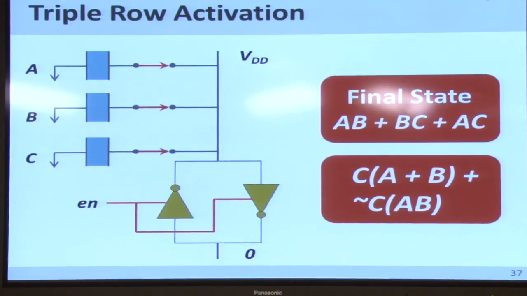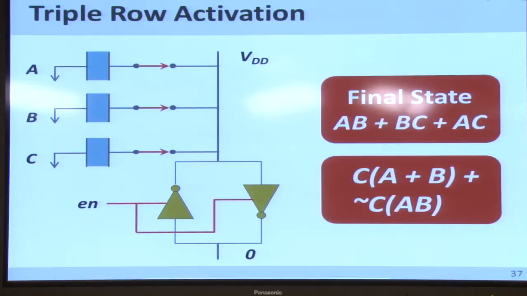If I can control the initial value of cell C, I can dictate what the final state is going to be. If the initial value of C is 1, the final state of the bit line is A or B. If I set C to be 0, the final state of the bit line is going to be A and B.